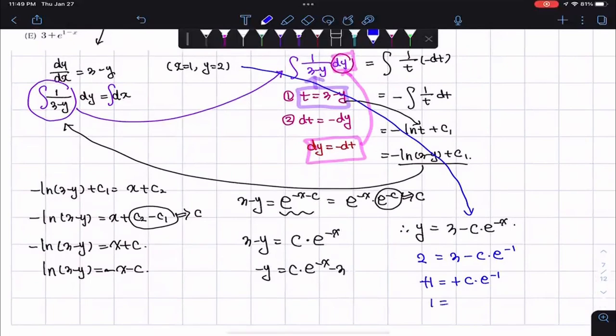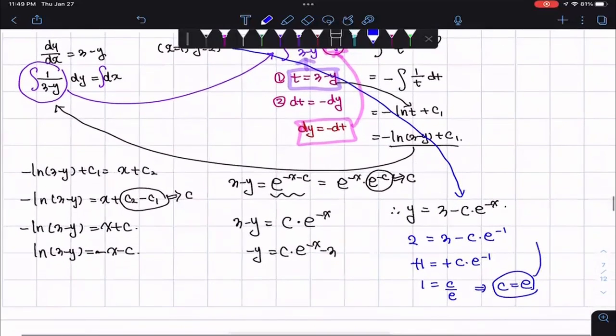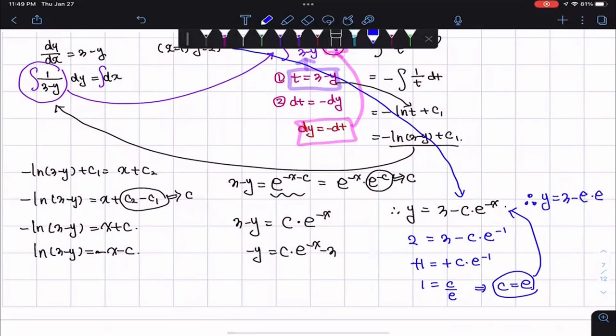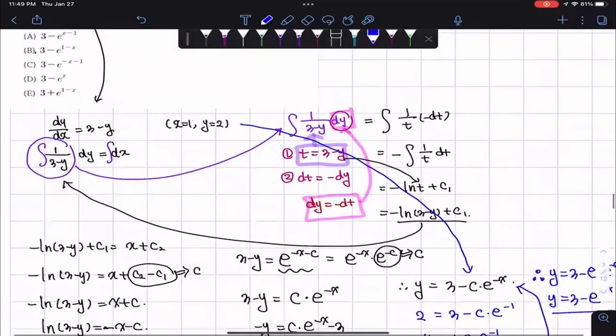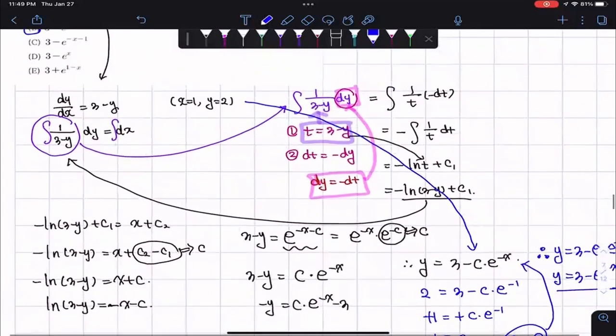So c equals e. Plug in this value. Therefore, y equals 3 minus e to the power of 1 minus x. So the answer is B.